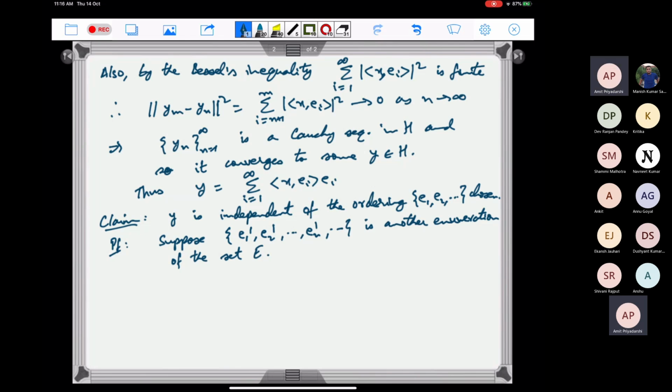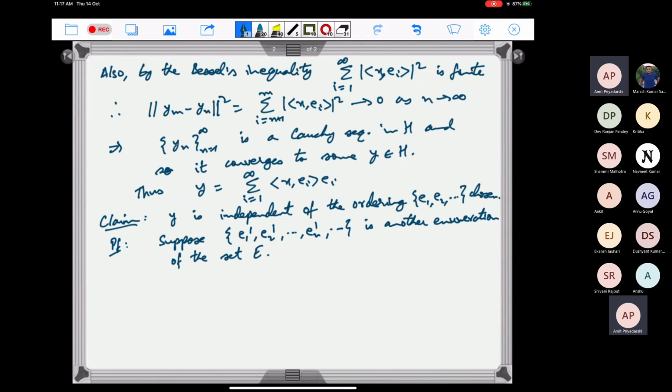So okay, one thing to note is that in any Banach space, what we know is that if a series is absolutely convergent, then it is independent of any rearrangement done, right? But here, if I look at the summation of the norm of this vector, that is the summation of mod of x dot ei, which may not converge, right?